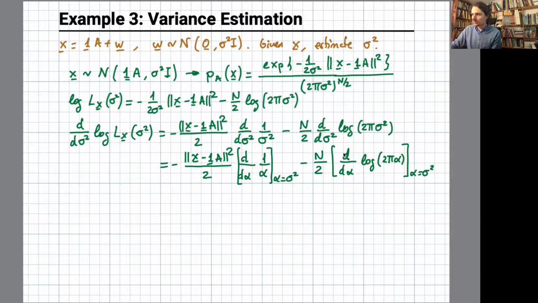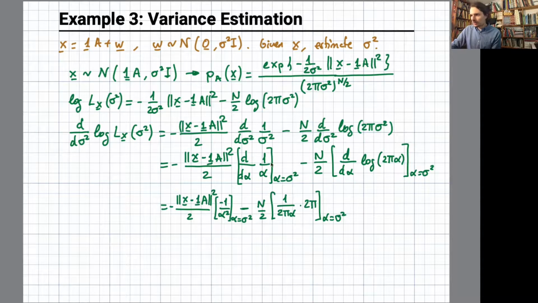Okay, and the same will be done for this logarithm over here. The derivatives of this expression in brackets can be readily computed, right? It's high school math, and we just need therefore to replace the alpha with sigma square, which yields this expression here.